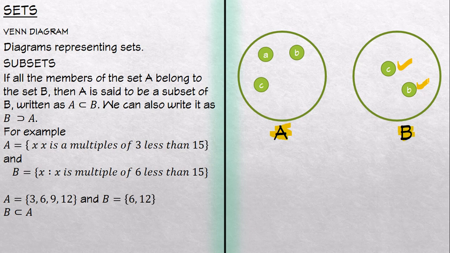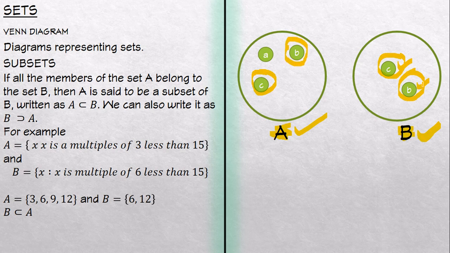Then, when we talk of subsets, this set over here, A, is a subset of this set over here, B. The B is a subset of the set A, because we realize that all the members of the set B are also contained in the set A. Right?